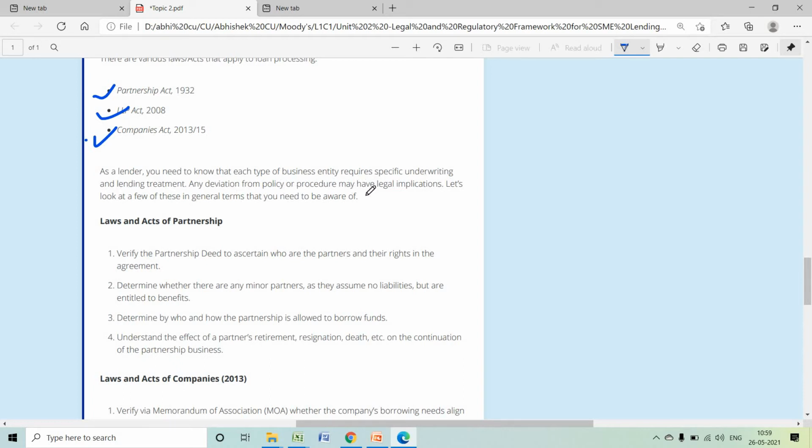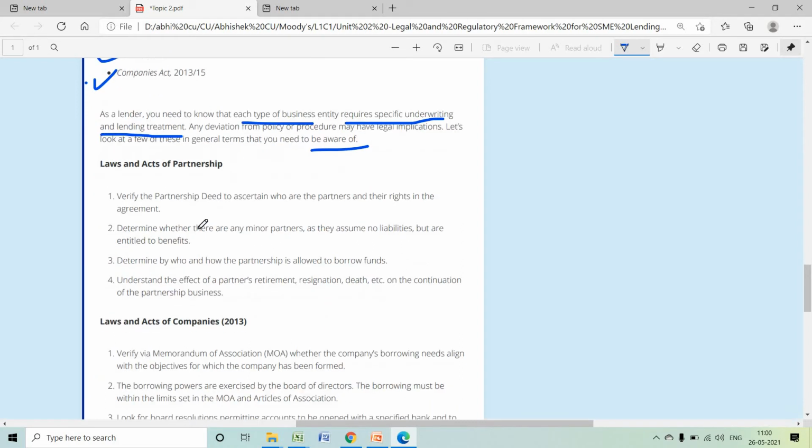Any deviation from the policy procedure may have legal ramifications. Let's look at a few of these in general terms that you need to be aware of. So it's very important that you understand that each business type requires a specific underwriting and lending treatment, right? Specific assessment techniques are required for each type of business.